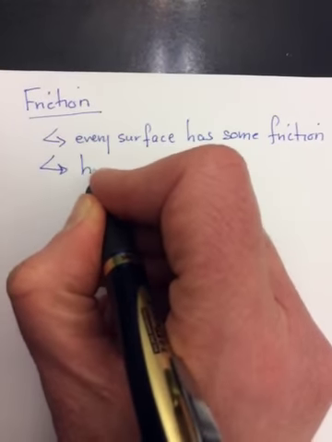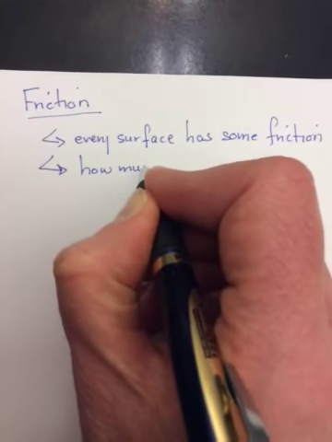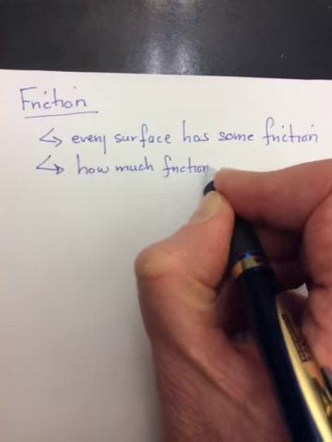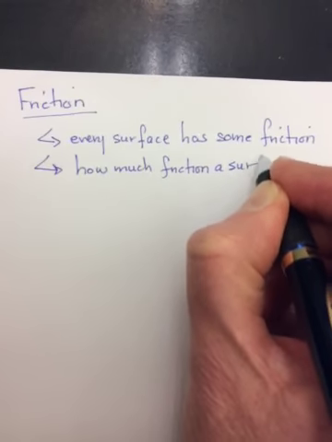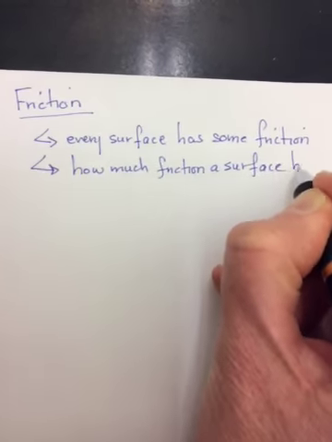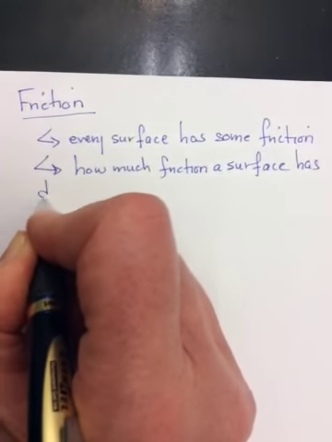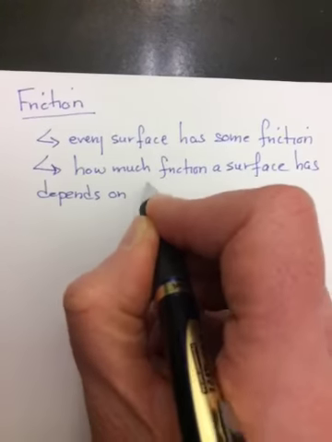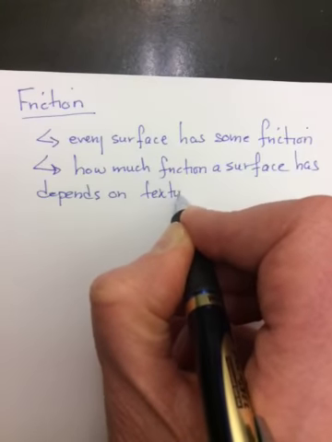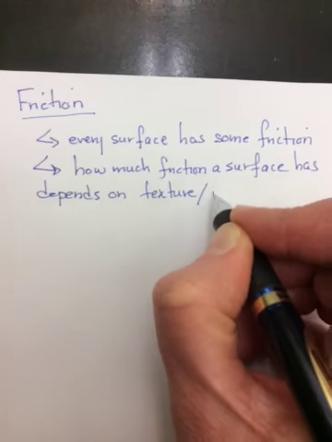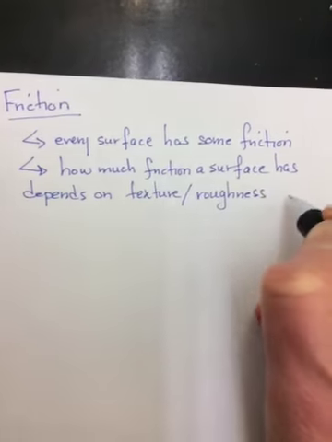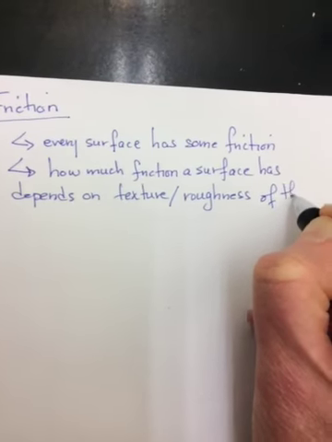So how much friction a surface has depends on, we could call it texture or roughness, of the surface.